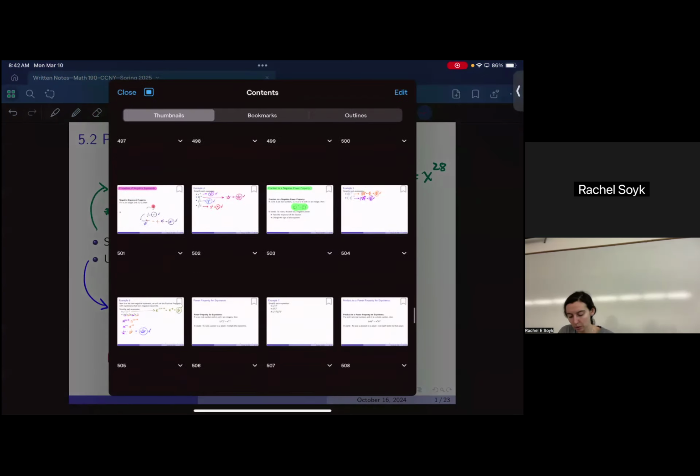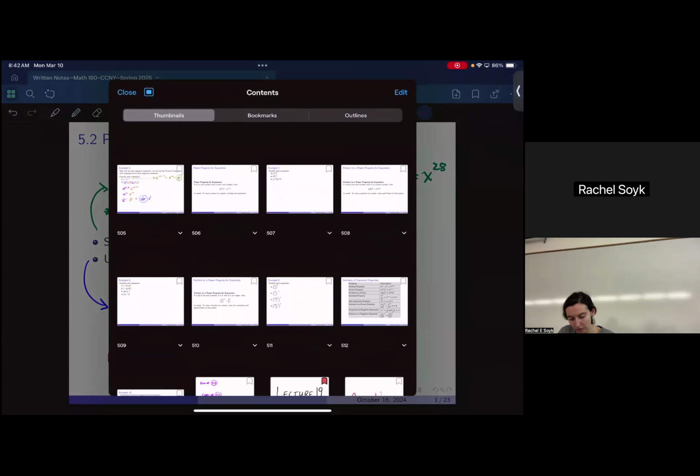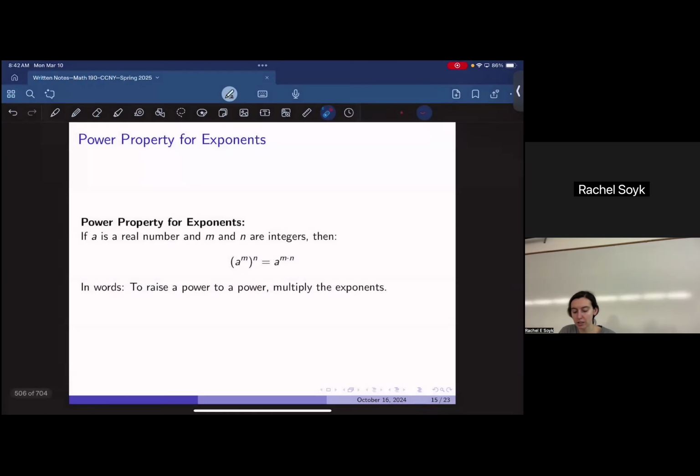So the slide that we're currently on is just formalizing those notes. So more generally, if we have a to the m raised to the nth power, we are once again just multiplying those exponents. So that just gives us a to the m times n.